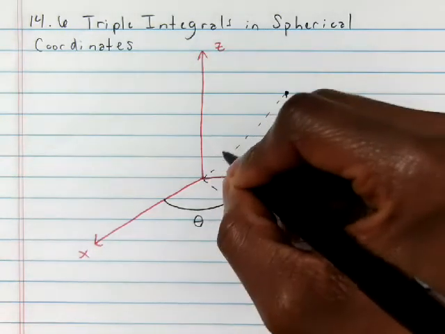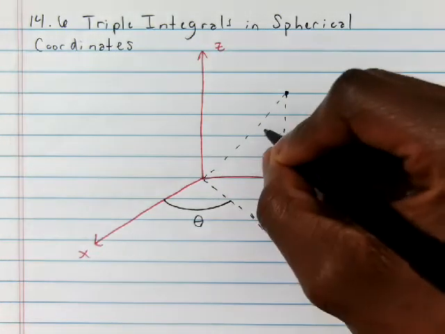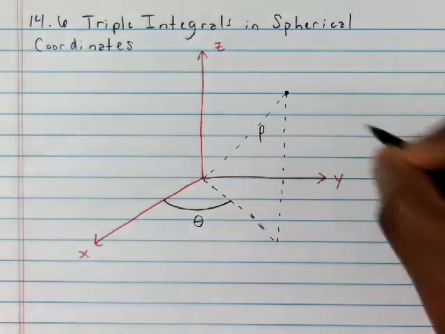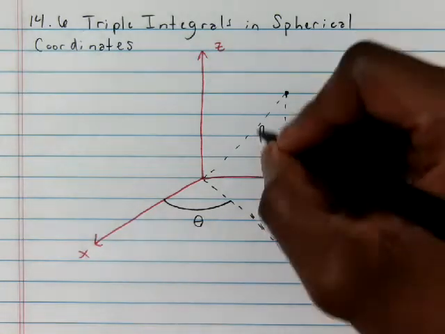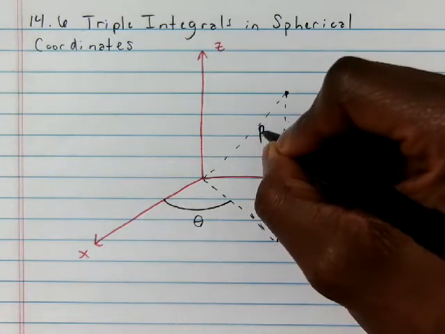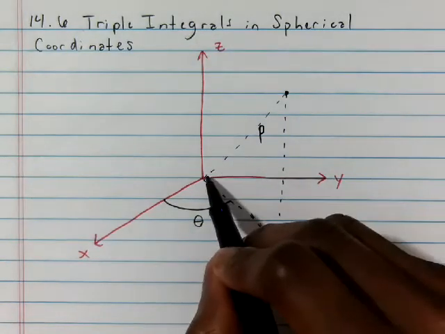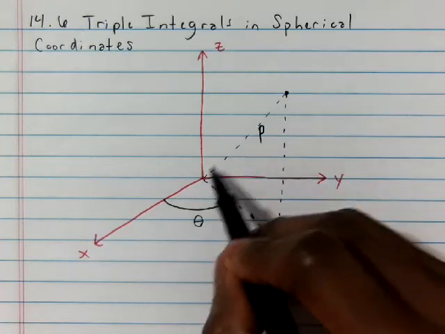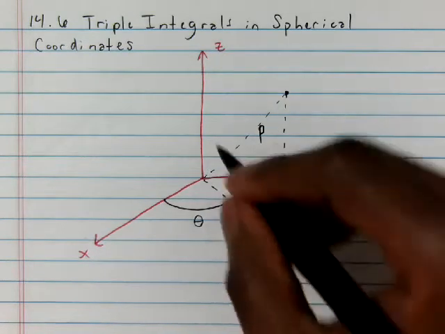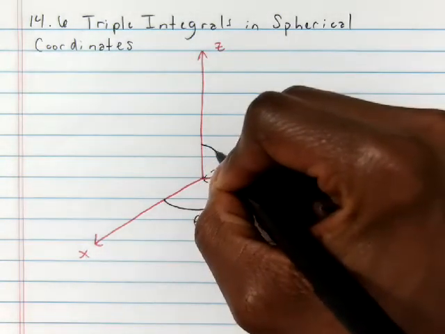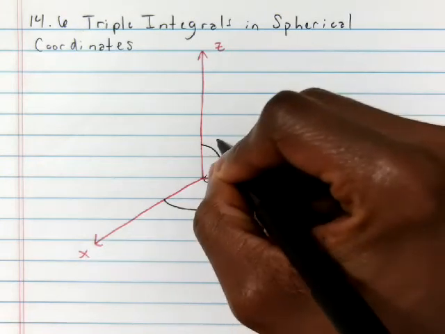Don't write it right here because we need that space to write something else. So put your rho right there. It just looks like a P. And then we also consider the angle that this dotted line we made makes with the positive z-axis. We're going to consider that angle right there, and that is phi.